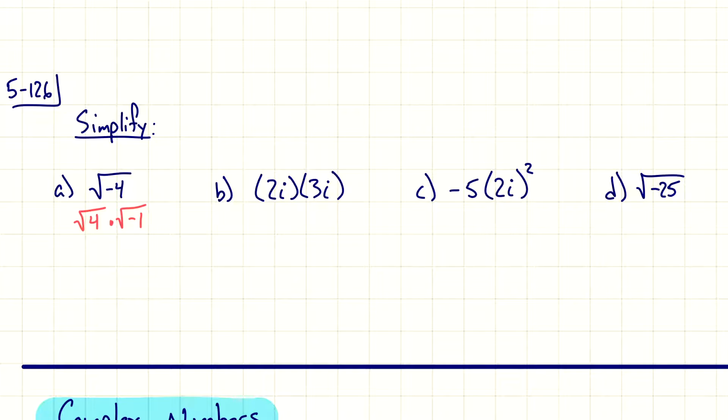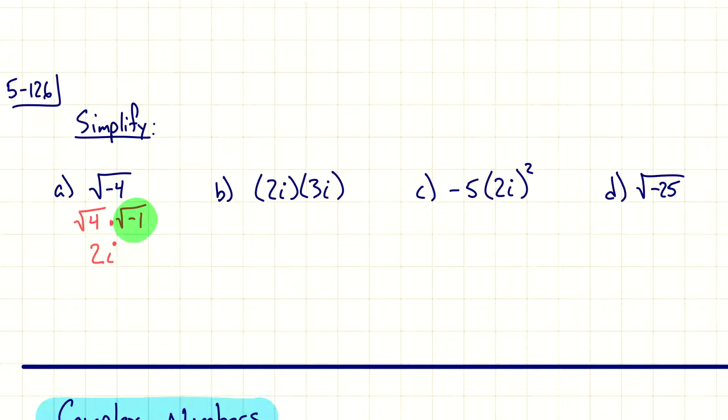By doing that, it allows us to convert that unreal number into that imaginary letter i. So the square root of 4 is 2, and the square root of negative 1 is i. Right, and then that's it. That's the answer.